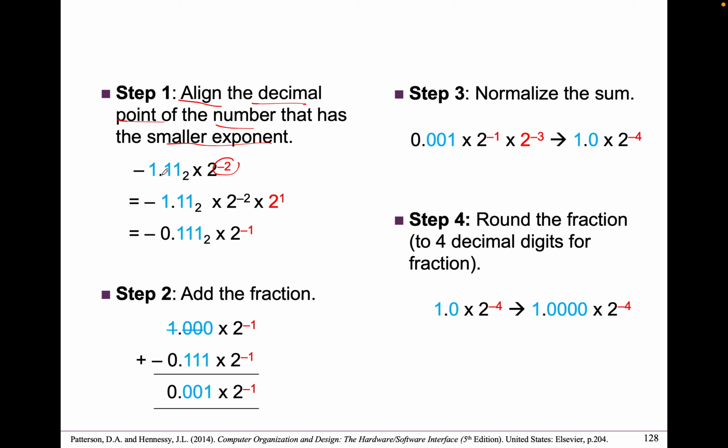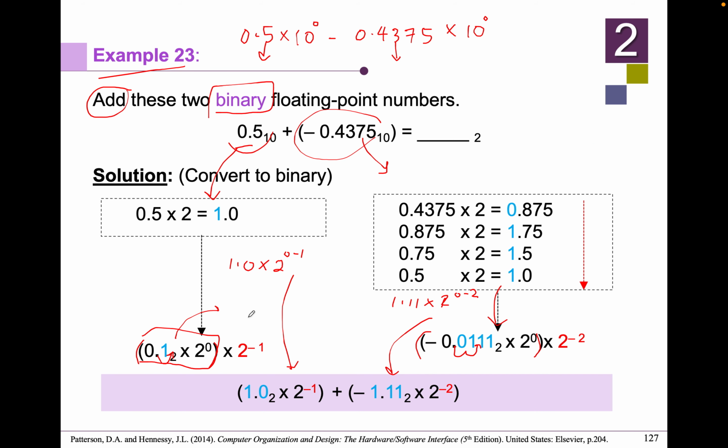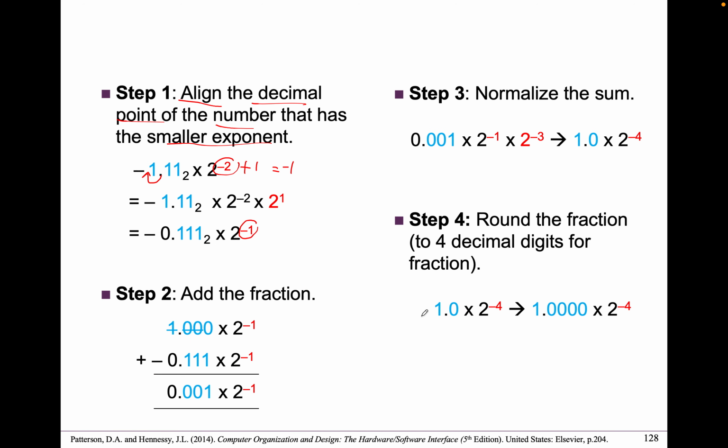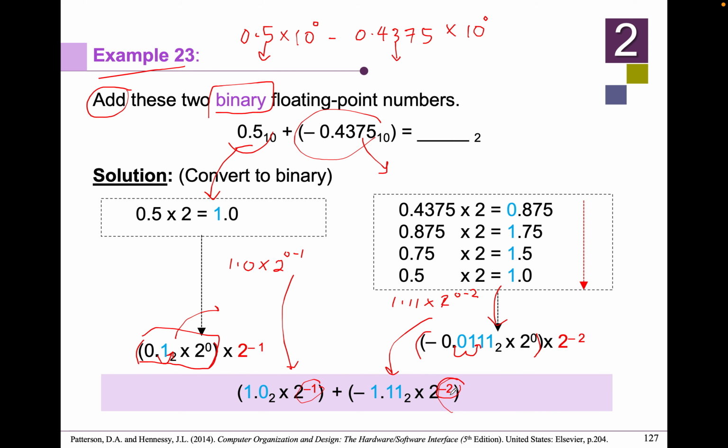So you need to move to the left because you're going to add 1, you will get -1, to make your exponent values similar. Now you will get minus 0.111 for this part.